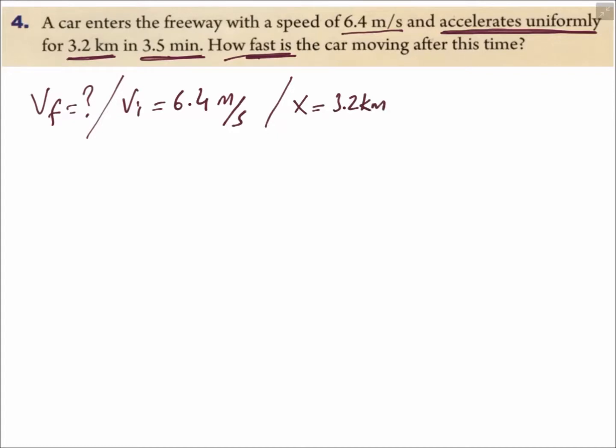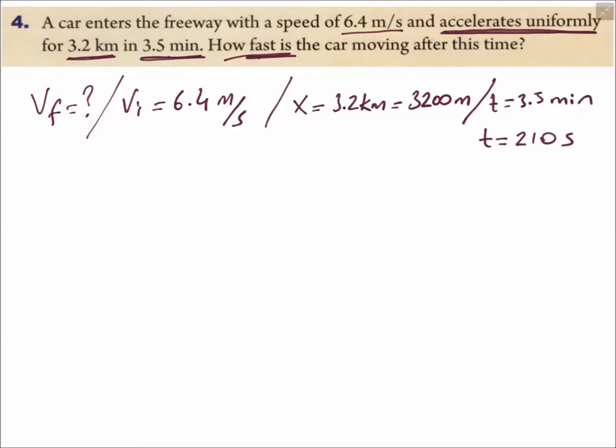I have to convert it into meters. Multiplied by 1000, it will be 3200 meters, and the time is given 3.5 minutes. So I have to convert it into seconds by multiplying by 60. 3.5 times 60 is going to be 210 seconds.